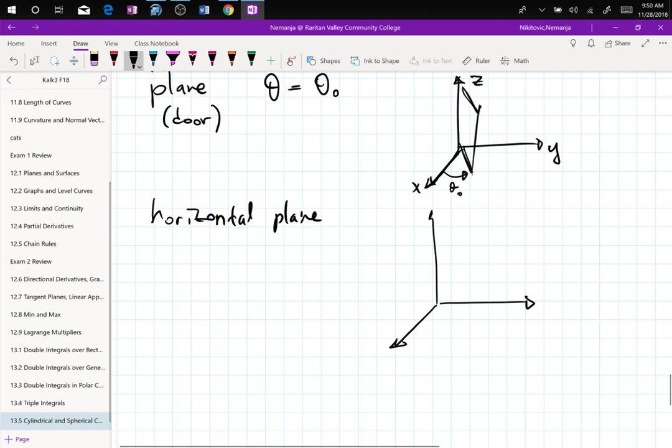So horizontal plane. What do I have? I have a plane that is parallel to the floor, going through the value A on the z-axis. So we have the equation rho equals A secant phi.